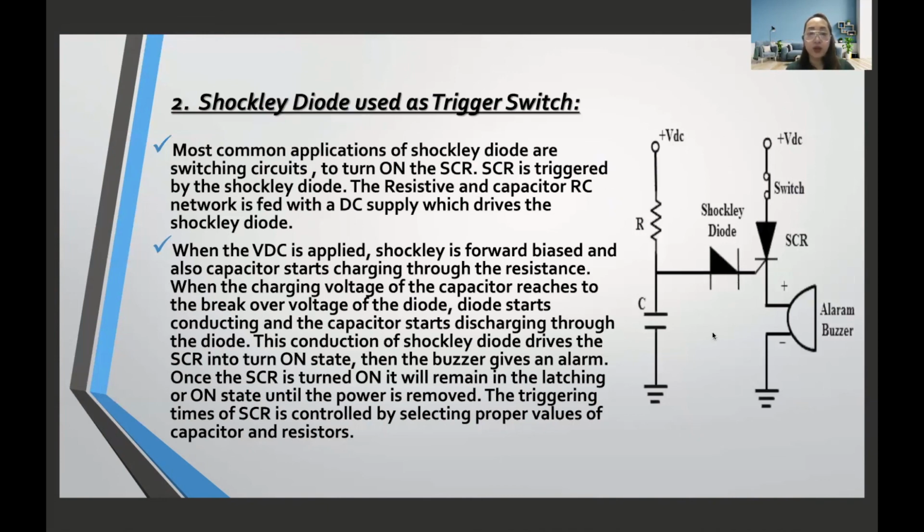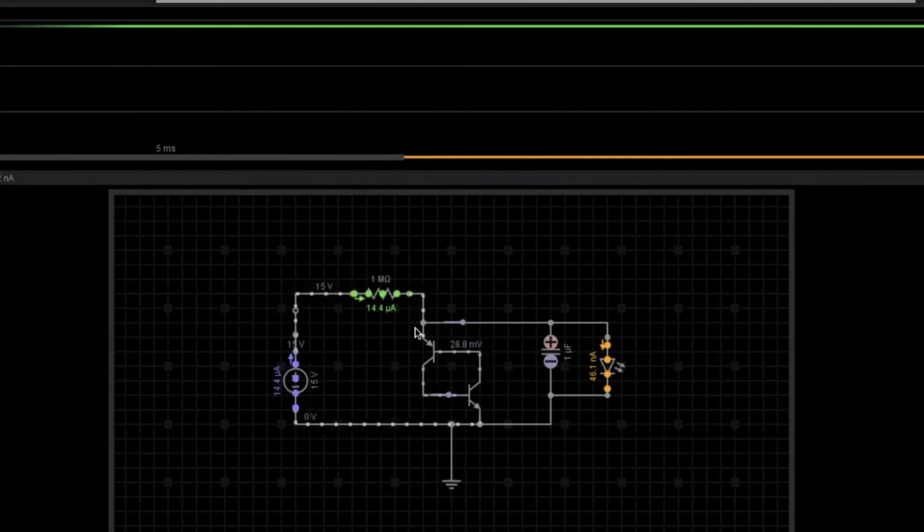For example, I will show you the circuit for the simulation of the Shockley diode during the oscillation mode. As you can see here, this one represents the Shockley diode because, again, we need to connect two transistors by the definition of a 4-layer device, where we connect the collector of transistor 1 to the base of transistor 2 and the collector of transistor 2 to the base of transistor 1.